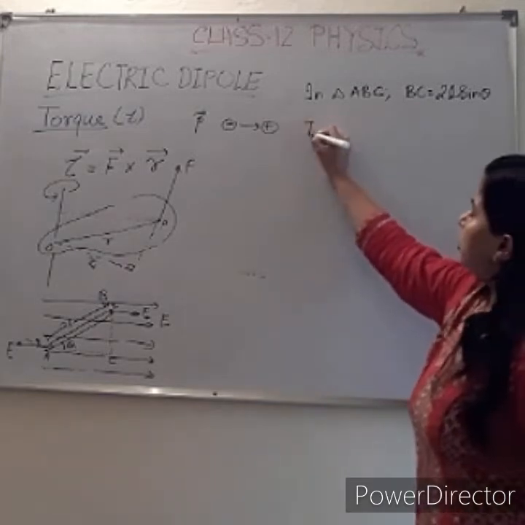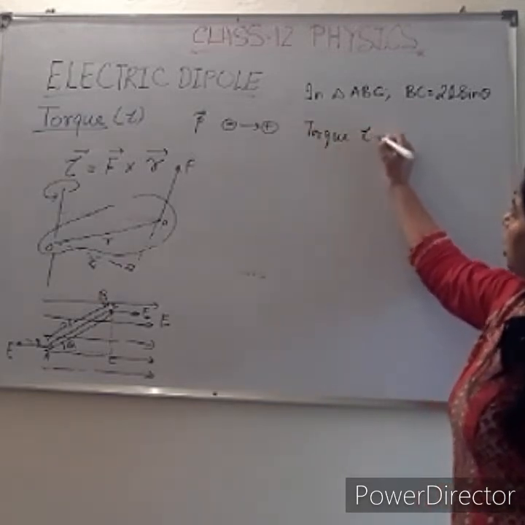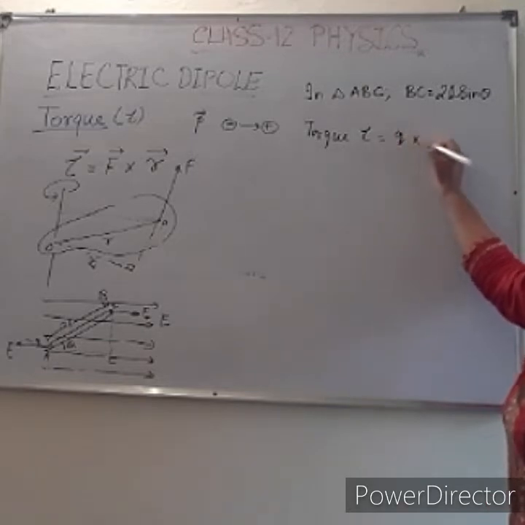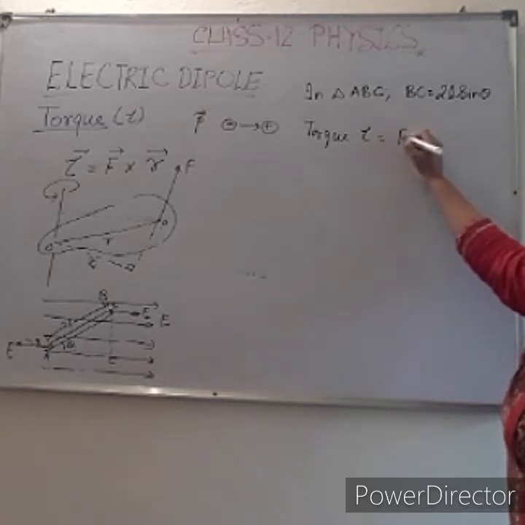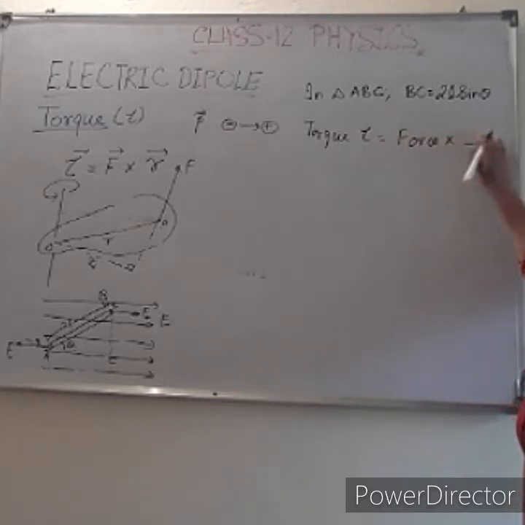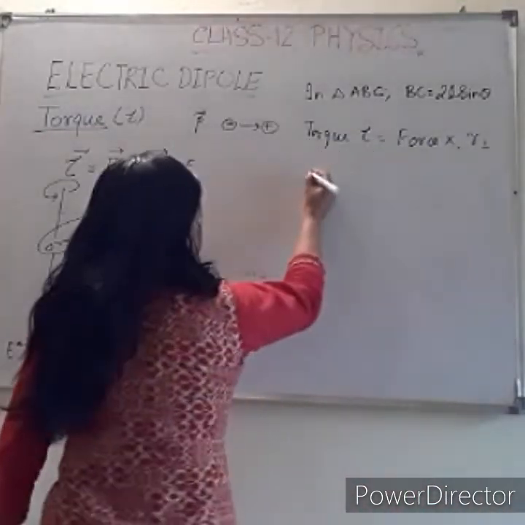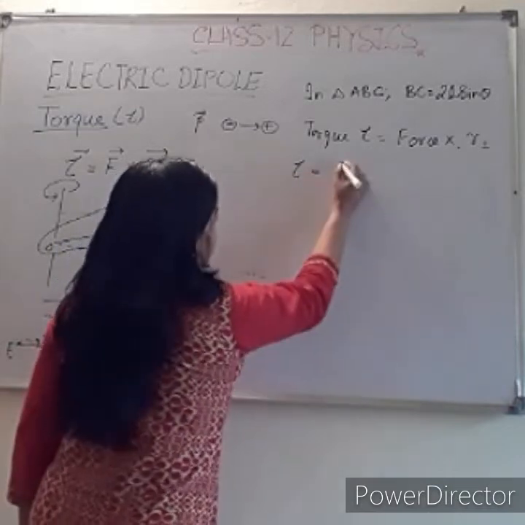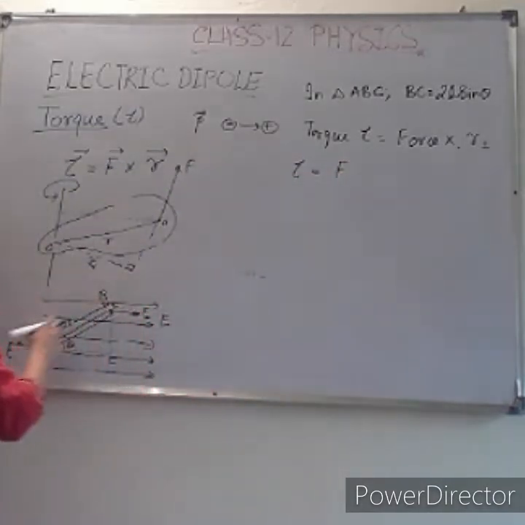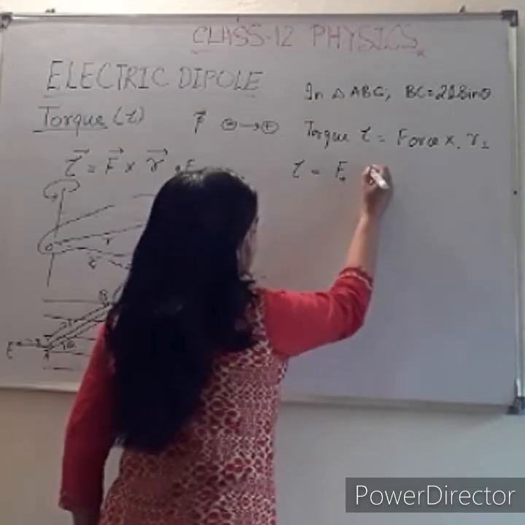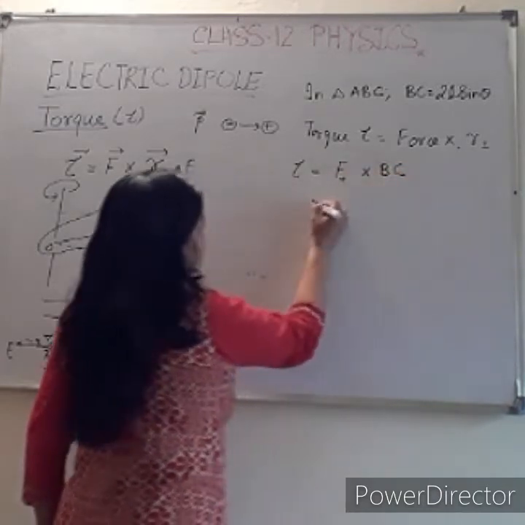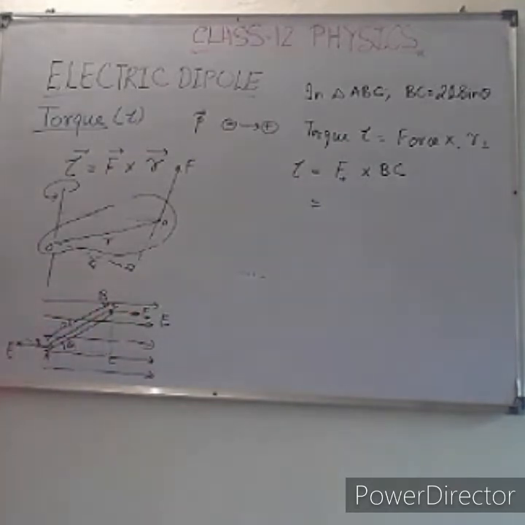So now torque tau is equal to force into perpendicular distance, r perpendicular. So here torque tau is equal to force F, either plus or minus, because both forces are perpendicular to this length BC. So we take F plus or F minus multiplied by BC. What is the value of F plus?